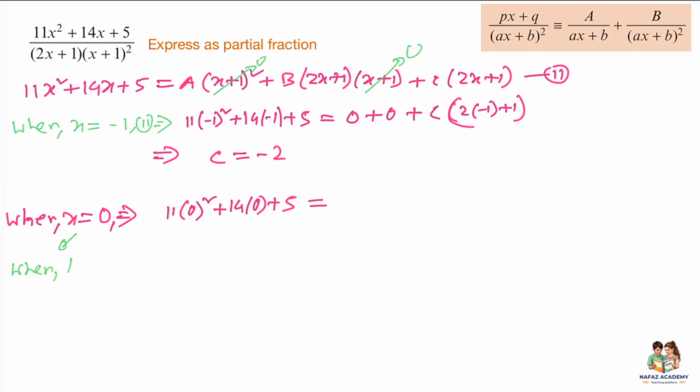Anyway, the third factor is missing, that means same value. So I use x equals 0. Then after x equals 0, you may use x equals 1 or x equals 2, as you like.